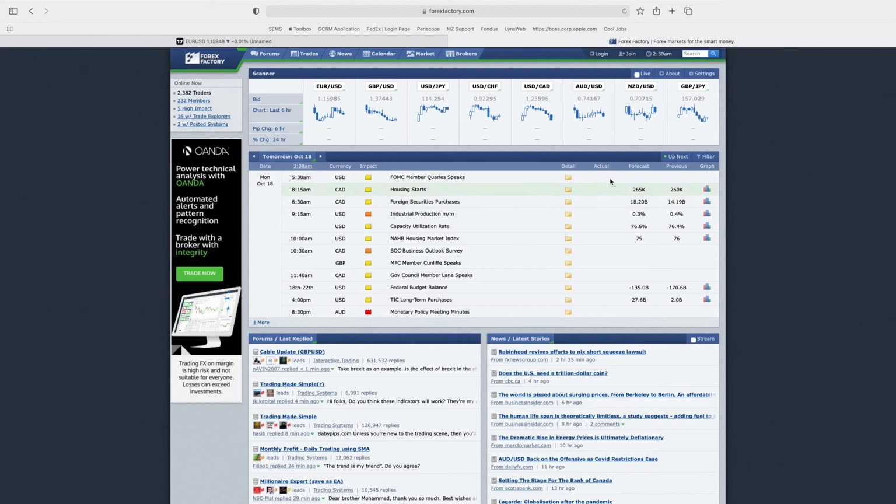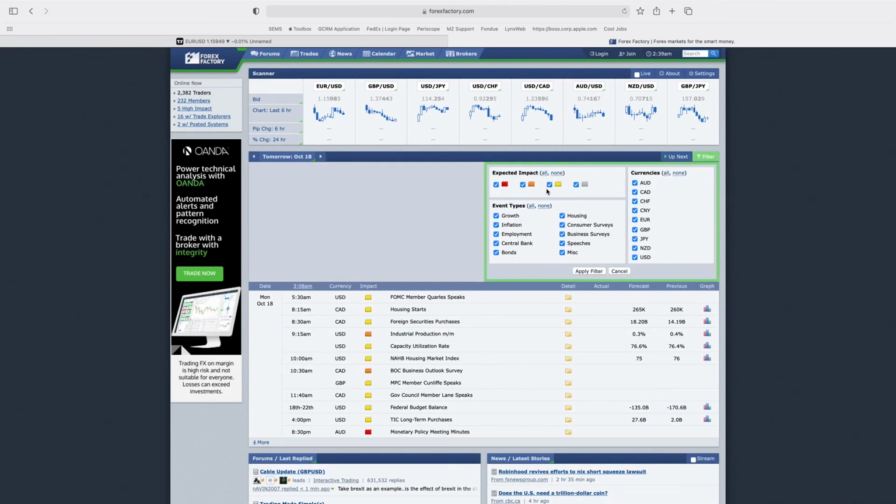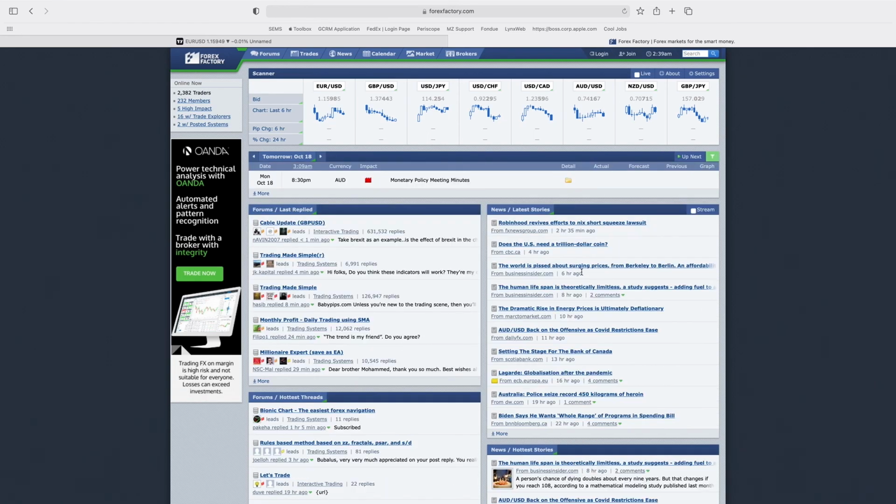I'm going to let you know right now, you're going to select filter, and we don't really care at all about low impact. We don't really care at all about medium impact. The only thing we do care about is high impact news. So we're going to go ahead and apply filter and remove the junk and only focus on what's important, guys.